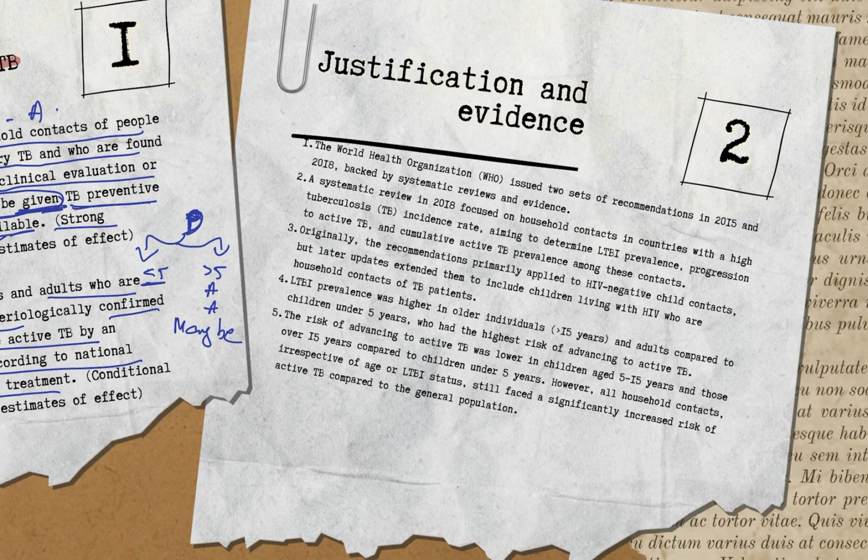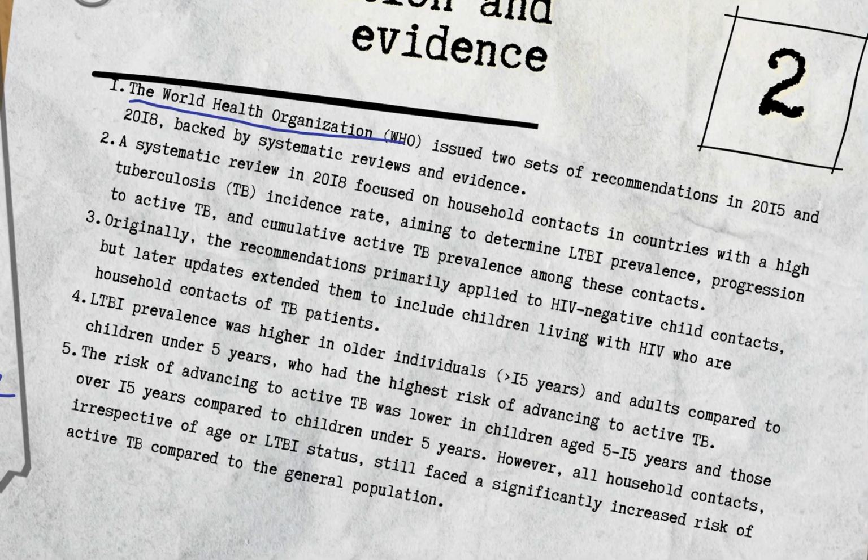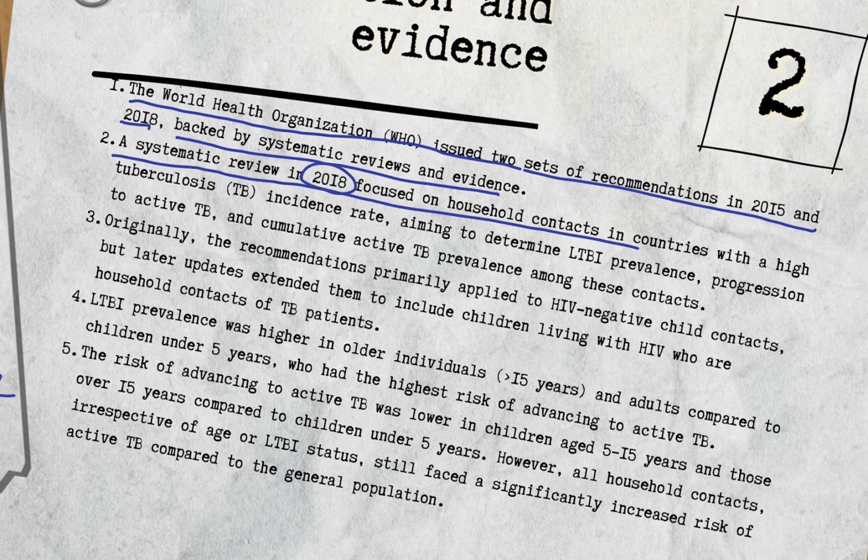Justification for this recommendation. WHO issued two sets of recommendations in 2015 and 2018 backed by systematic reviews and evidence. A systematic review in 2018 focused on household contacts in countries with a high tuberculosis incidence rate, aiming to determine latent TB prevalence, progression to active tuberculosis, and cumulative active TB prevalence among those contacts.